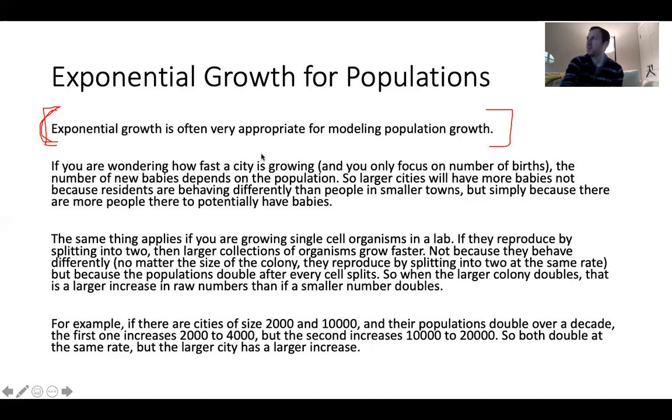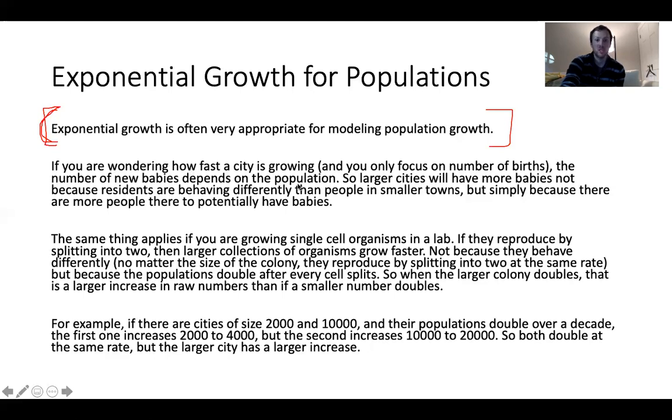But if you're thinking about just how many new people are being created by the people that are already there, the point is that the number of new babies depends on the population, but in a very predictable way.